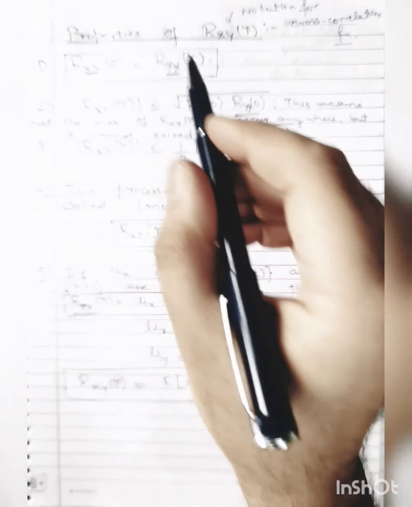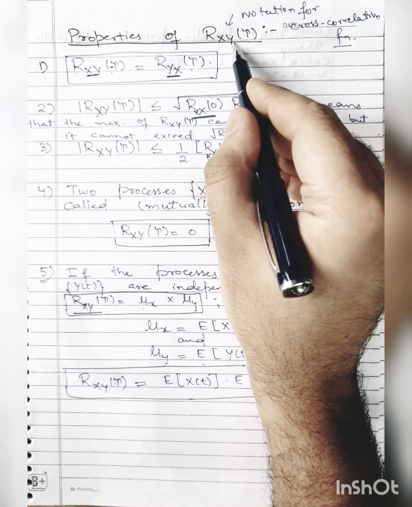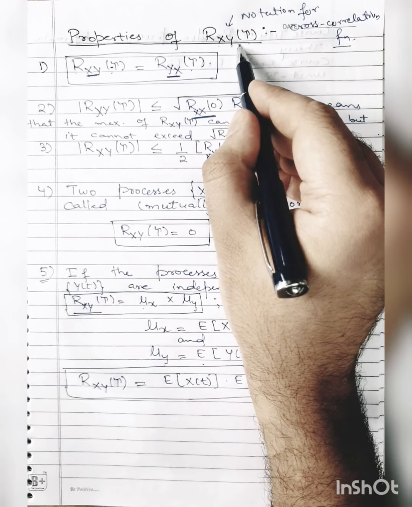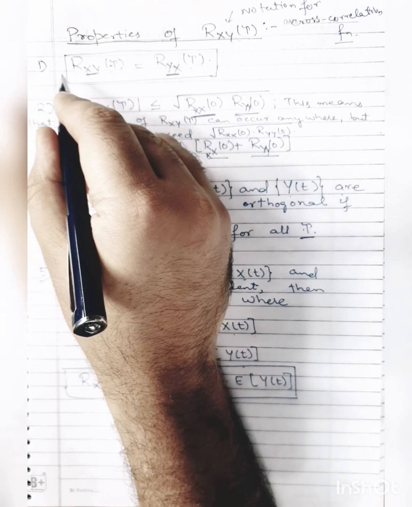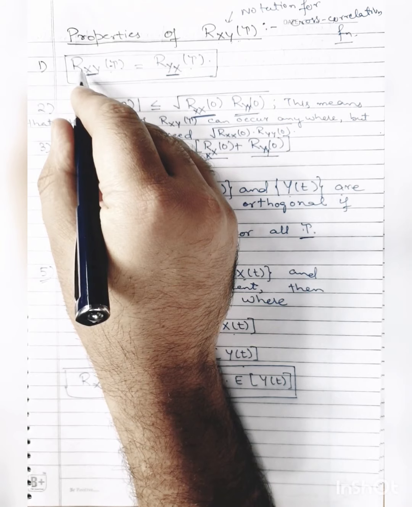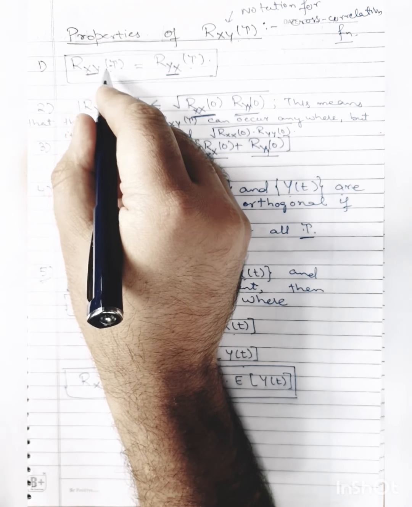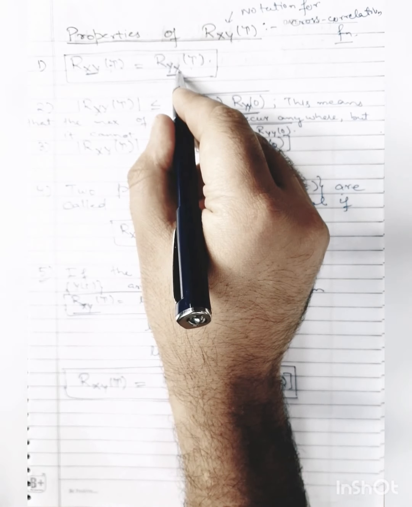So I have written here properties of Rxy(tau), which is the notation for the cross correlation function. The first property is that the cross correlation function Rxy(-tau) will always be equal to Ryx(tau).